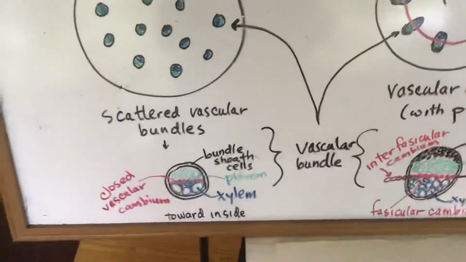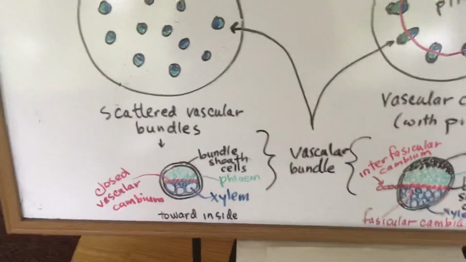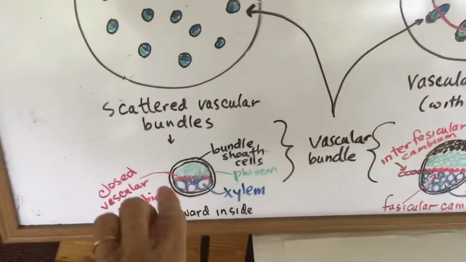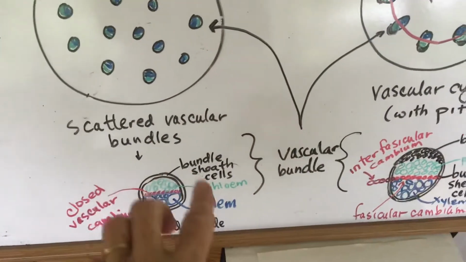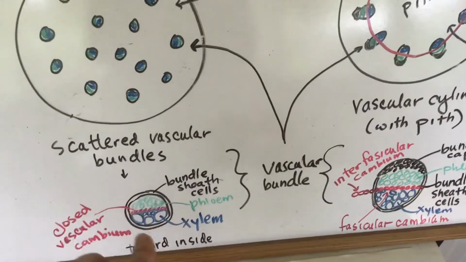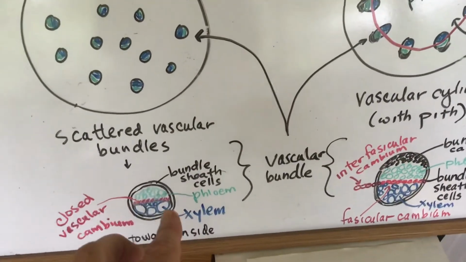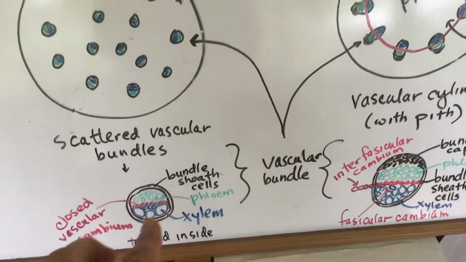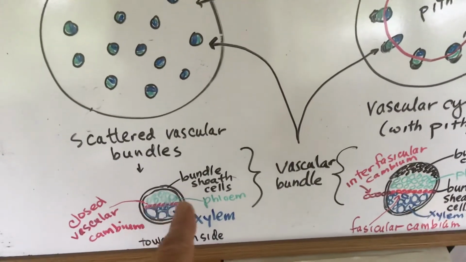All right, so let's look at a single vascular bundle of a monocot. You're going to have bundle sheath cells, which include fibers, or maybe just mostly fibers, sclerenchyma cells. And then you have xylem, which is going to be towards the inside, and phloem.